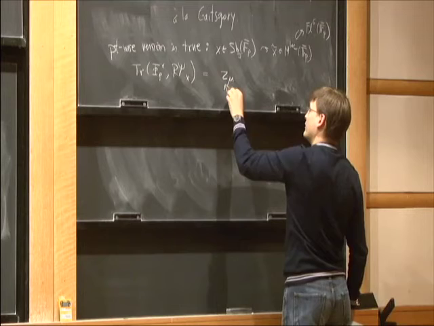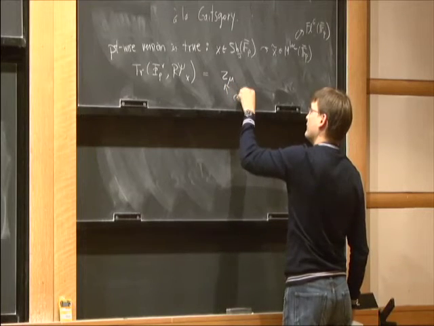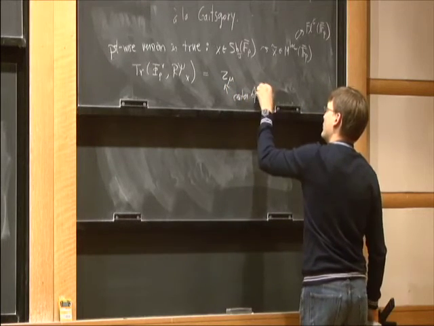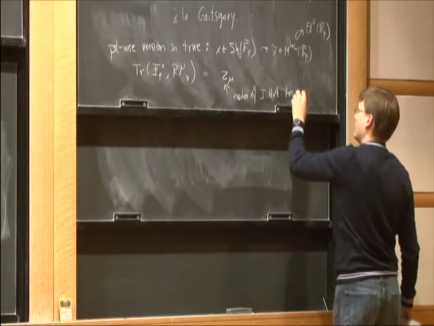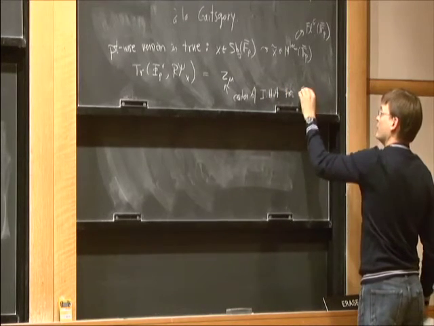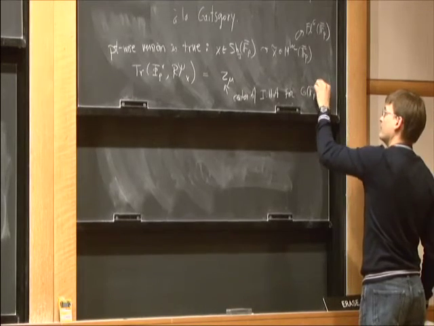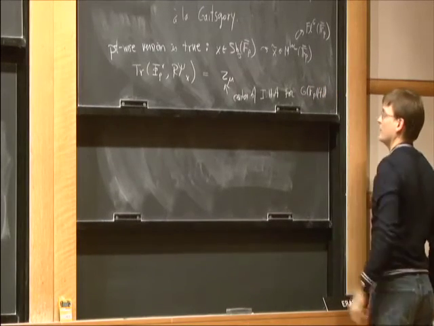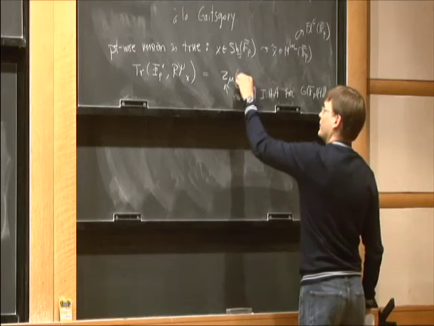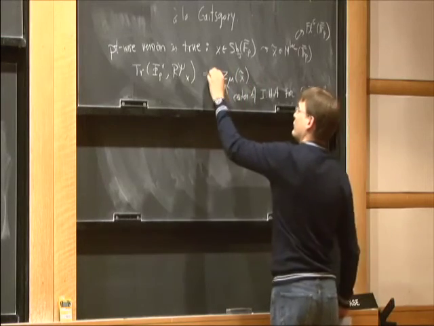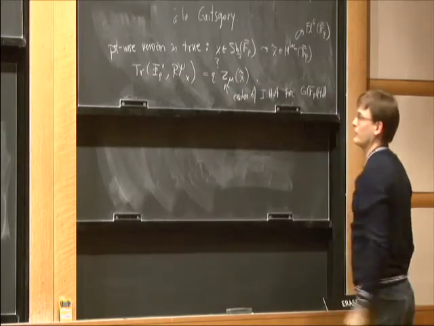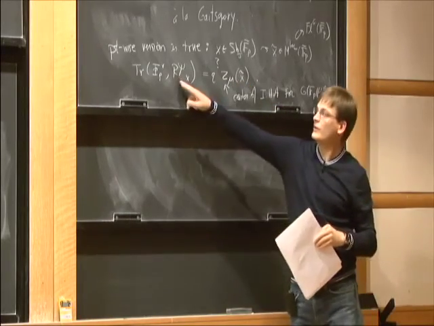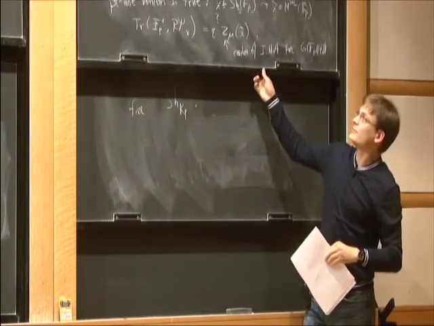So this is something in the center of the Iwahori Hecke algebra for G over the function field, evaluated at this x tilde times some appropriate power of q. So this is saying that these test functions actually compute traces of Frobenius on nearby cycles.